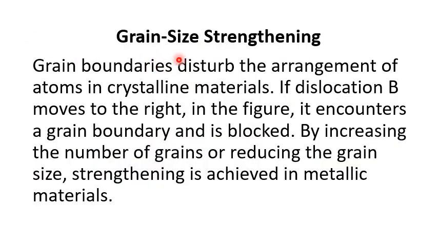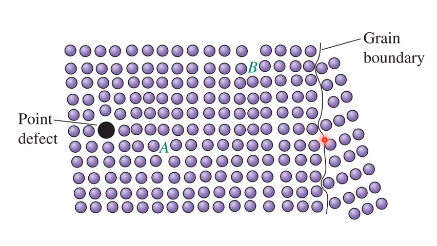Grain boundaries do the same job in interfering with dislocation motion. For example, suppose that under external stress, dislocation B would move to the right. It will be able to move until it reaches the grain boundary.